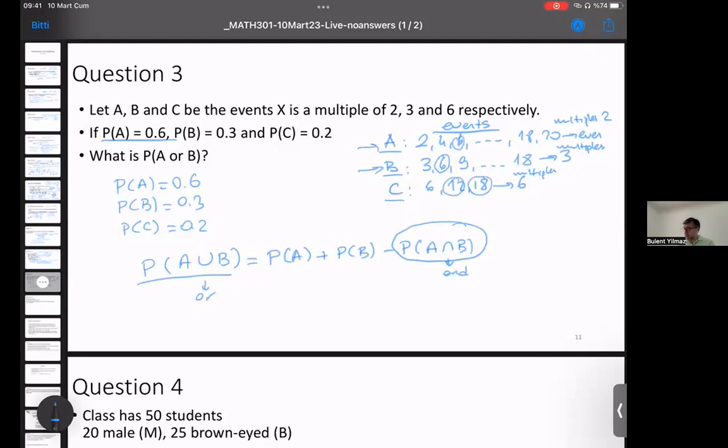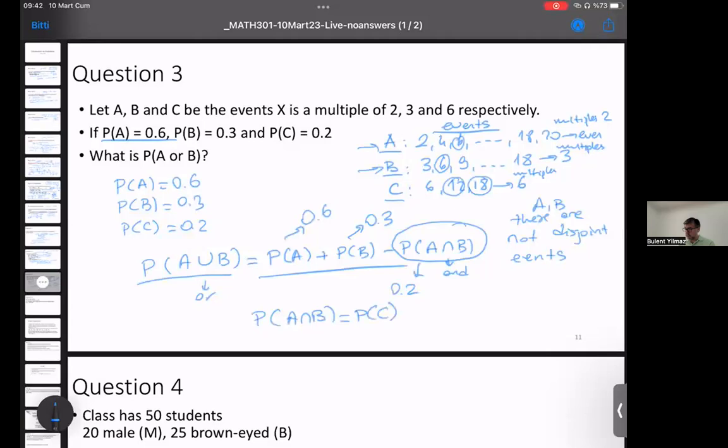These are not disjoint events. So I should use this formulation. P of A is 0.6, P of B is 0.3, and this is 0.3. So probability of A and B is equal to probability of C, which is equal to 0.2, right?